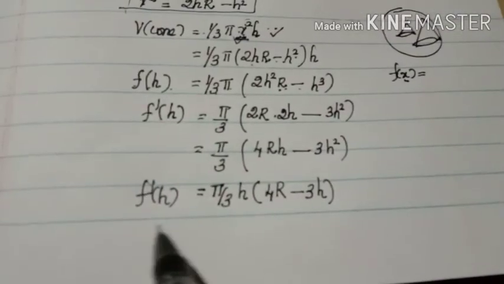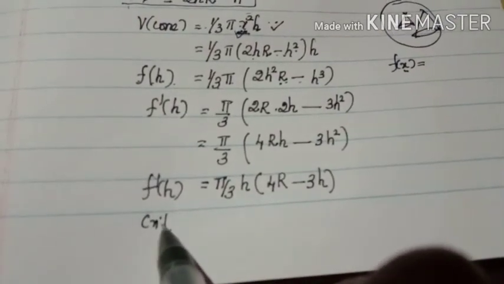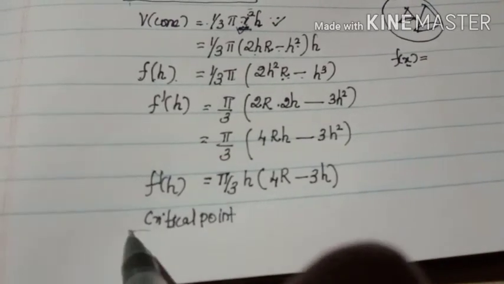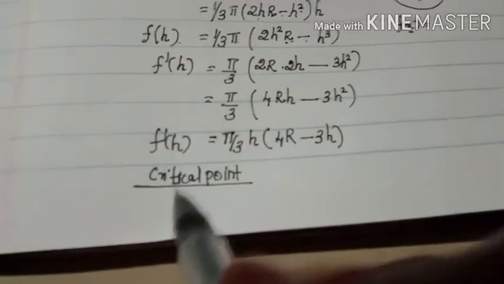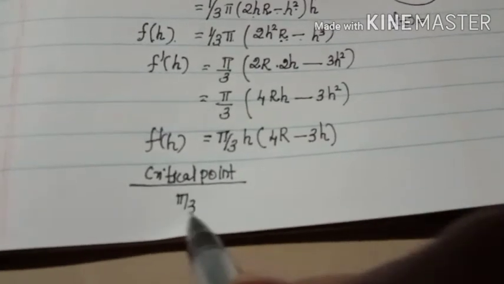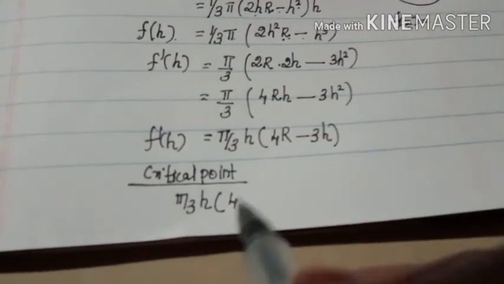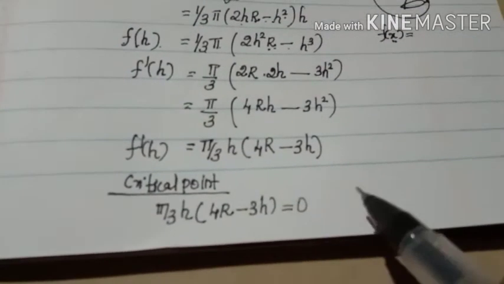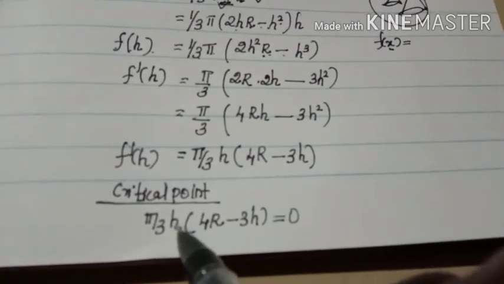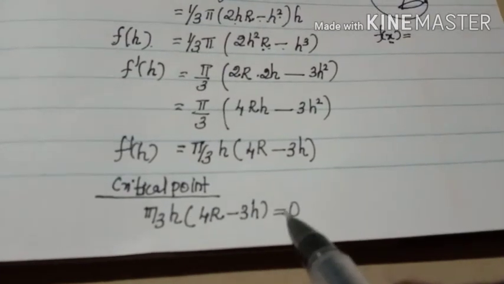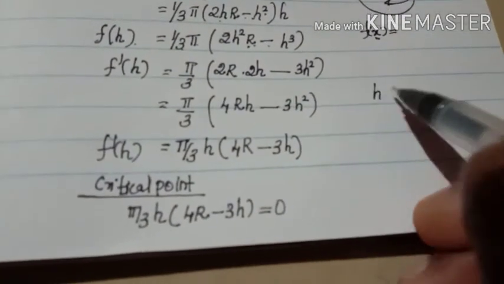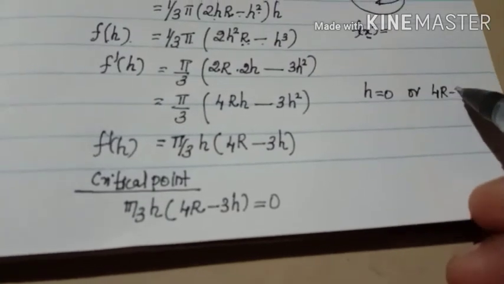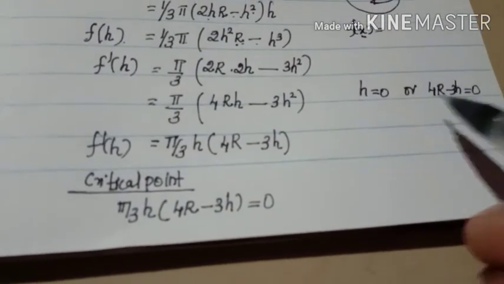Now we have to find the critical points. To get critical points, equate the first derivative equal to 0. That is pi by 3h into 4r minus 3h equal to 0. So product of these two equal to 0 implies either h equal to 0 or 4r minus 3h equal to 0.